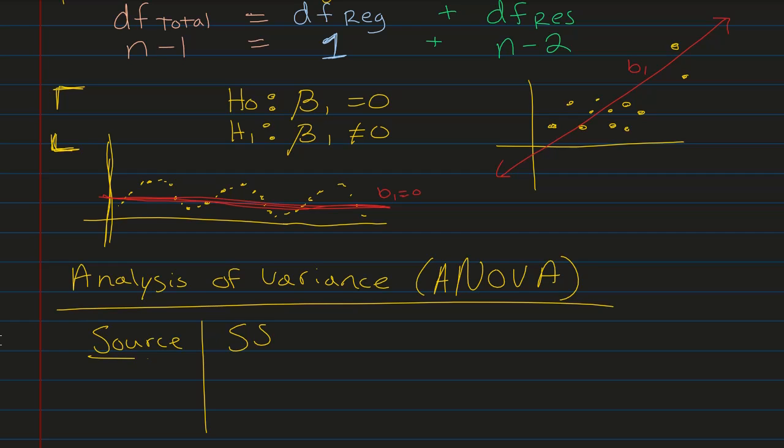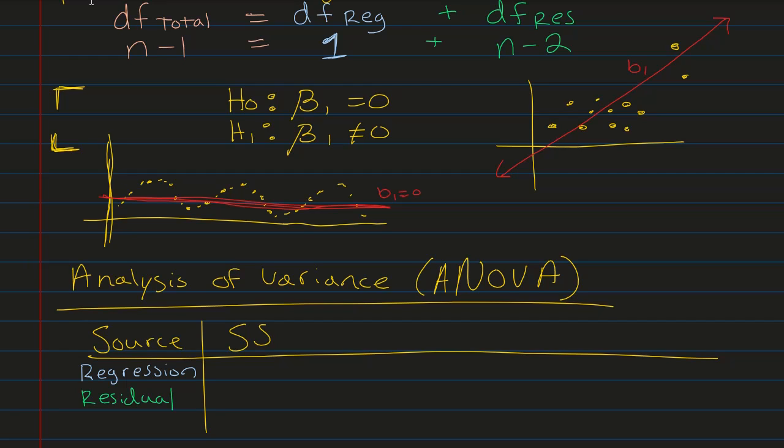So I'm going to build this table that way, but let's just get started with the source and sum of squares. The first source we want to talk about is the regression. Then we have the residual. And then we have the total.